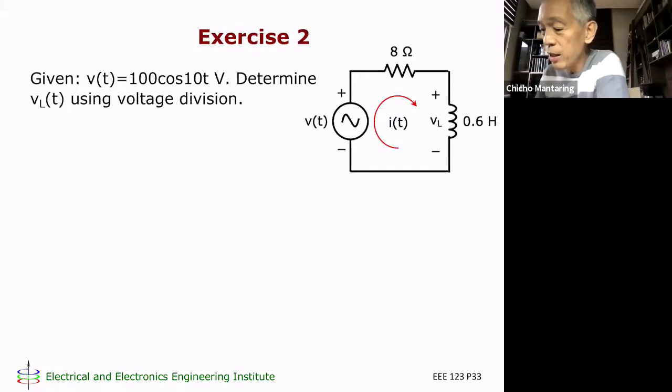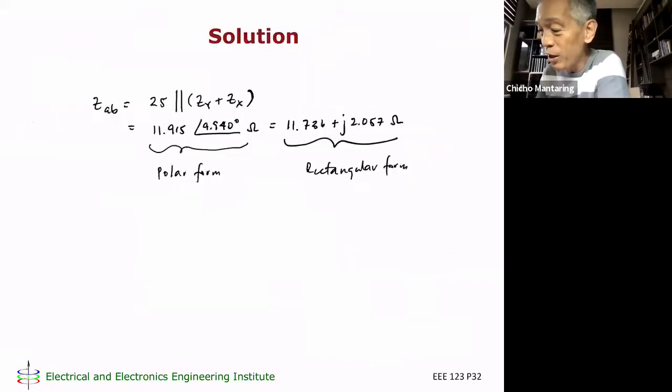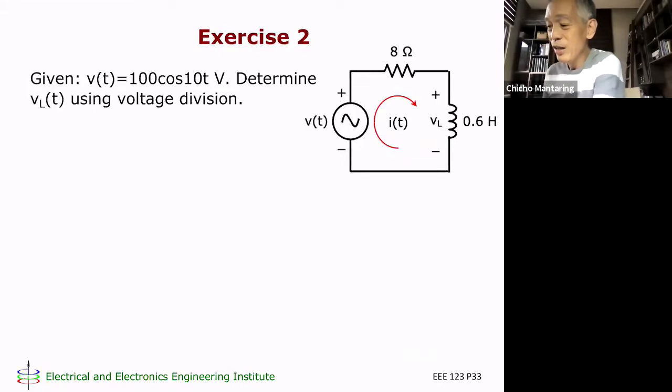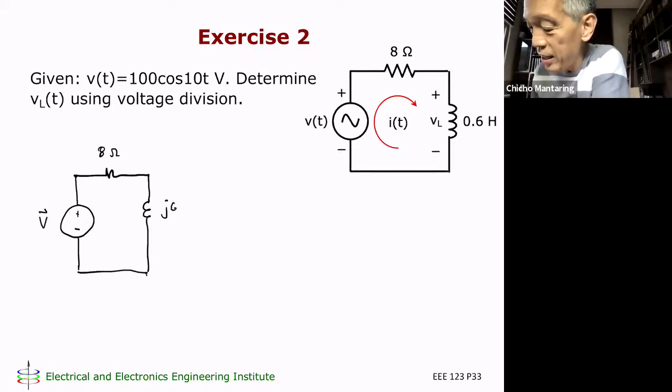Okay, this one is actually easy. Using voltage division. This is the same problem as my example earlier, right? What is my transformed circuit here? My transformed circuit, this is now V. This is 8 ohms, and this is j6 ohms, j omega L. Omega is 10.